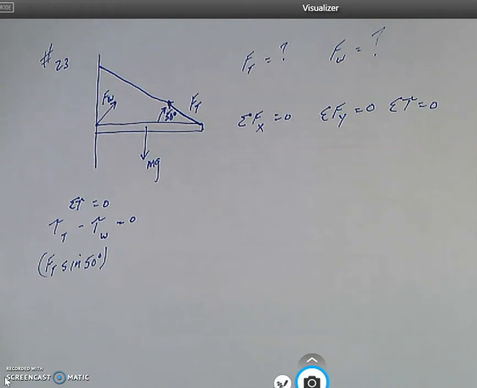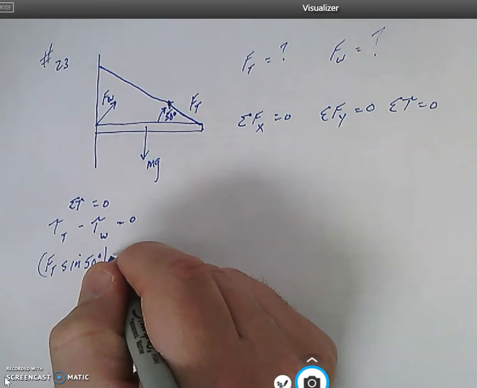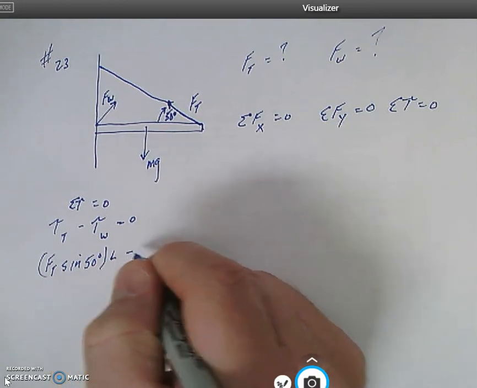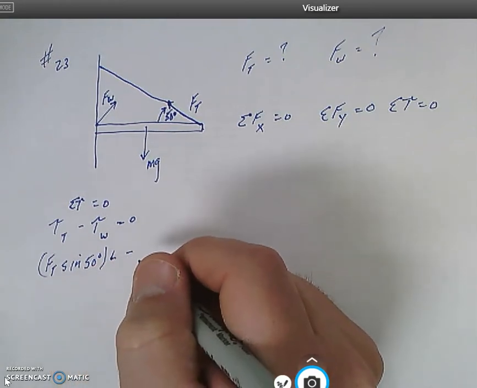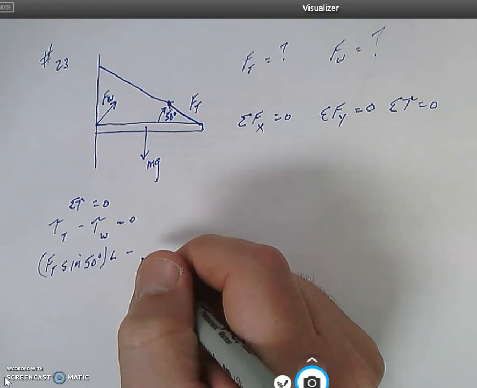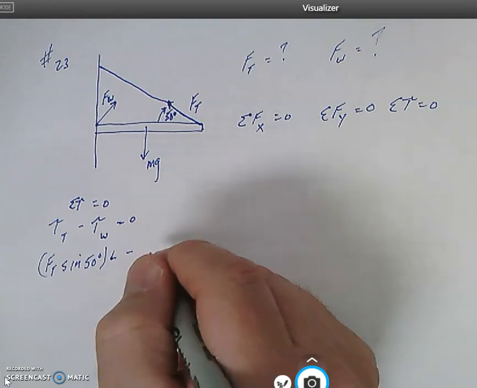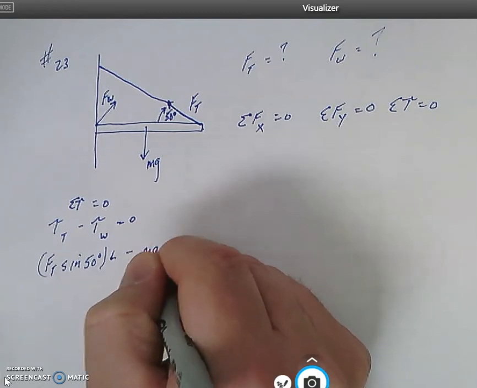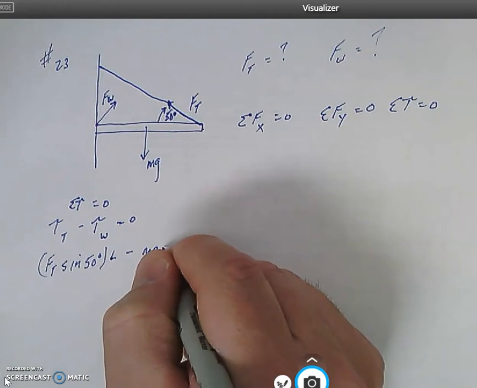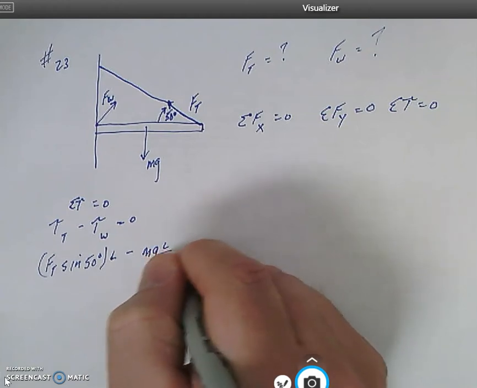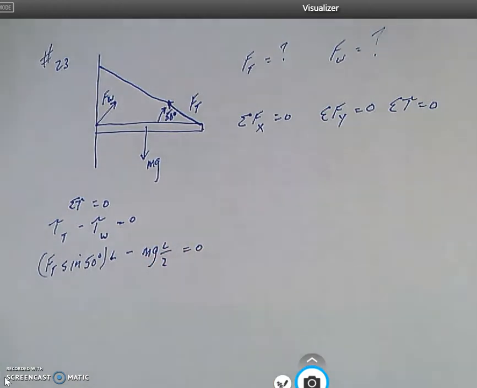We multiply that by the length of the beam, minus the weight of the object. The object is 30 kilograms, so that's m times g times the distance here, which is L over 2. And that must equal 0.